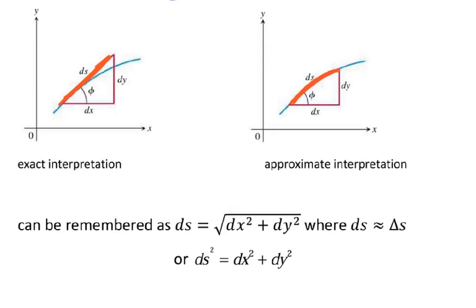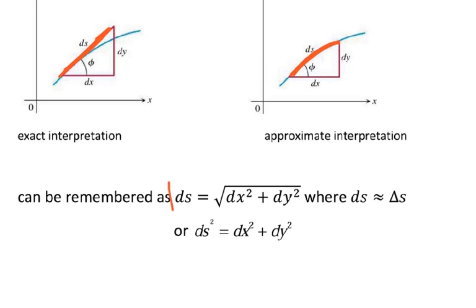And so we use those pictures to help us remember that ds equals the square root of dx quantity squared plus dy squared. So ds represents that change in s. And we can think about it a little bit differently: ds squared equals dx squared plus dy squared.